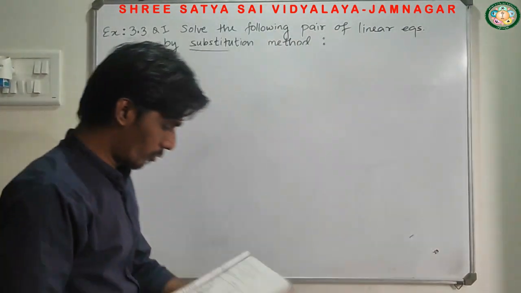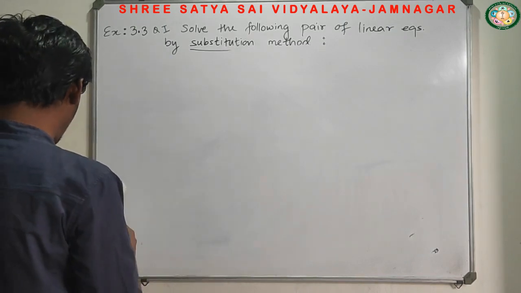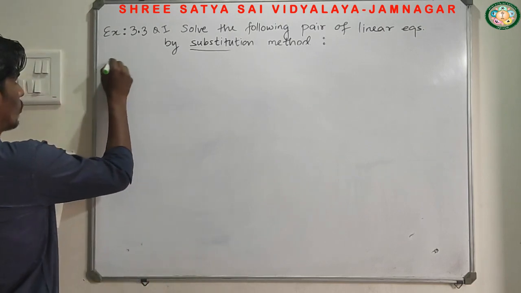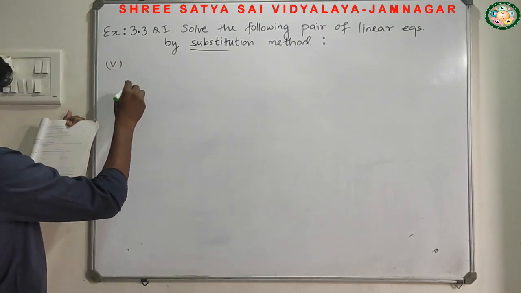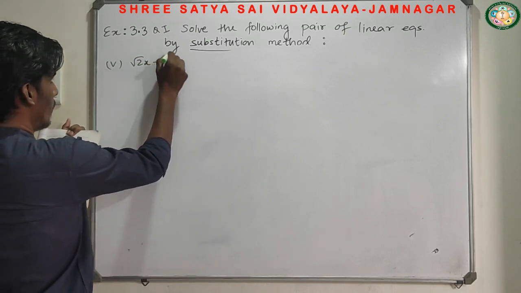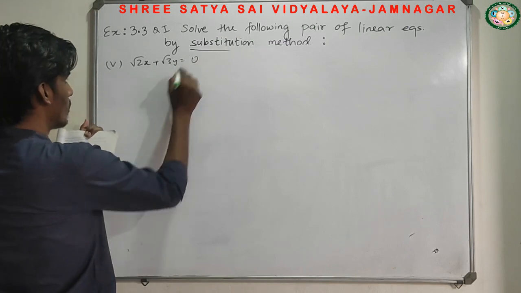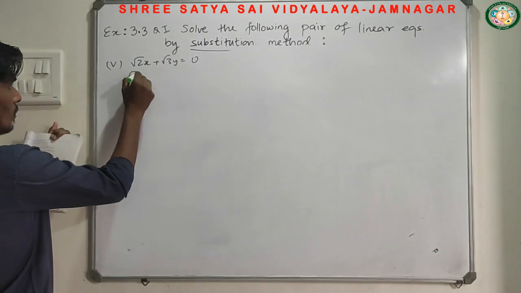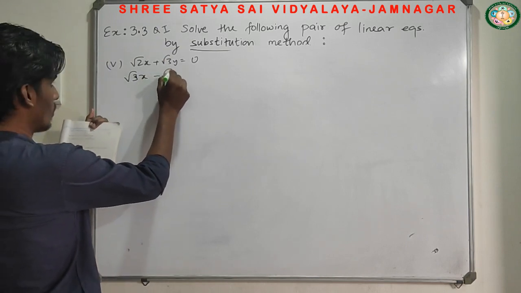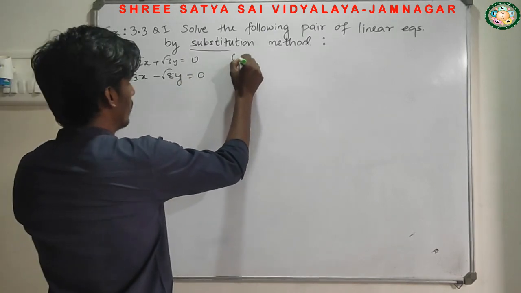Let me solve two more questions of the textbook. Fifth one: root 2x plus root 3y equals 0, root 3x minus root 8y equals 0.